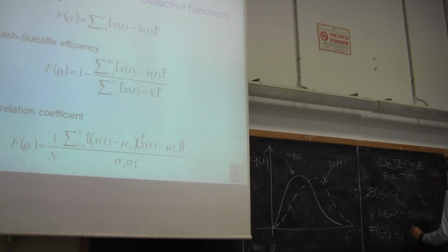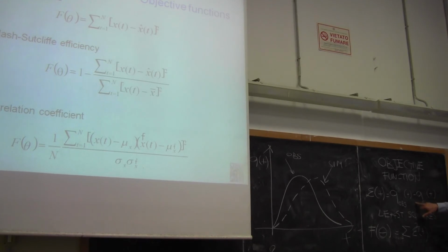is given by the sum of the squared epsilon, the sum of the squared errors. I need to give some specifications here, but first let's understand that it's very simple.